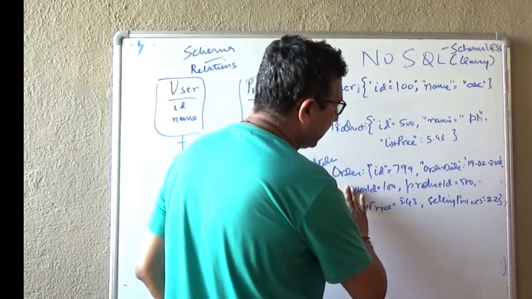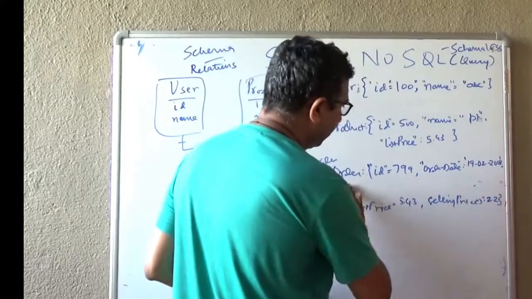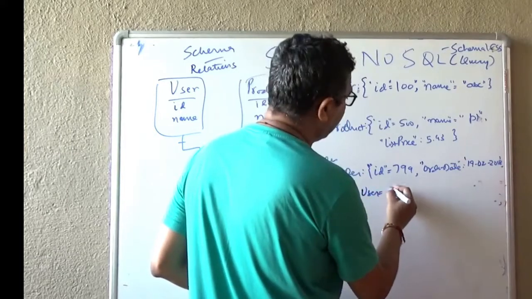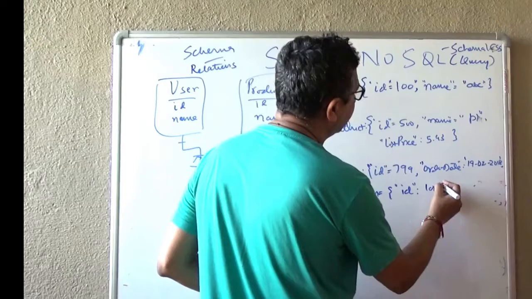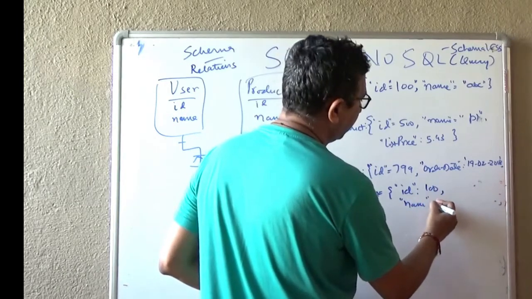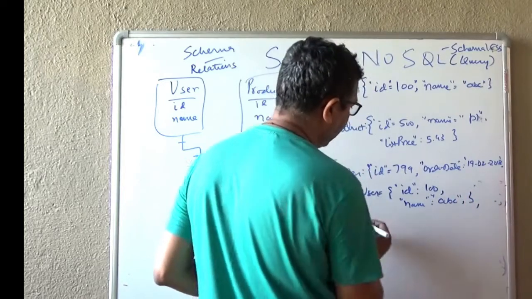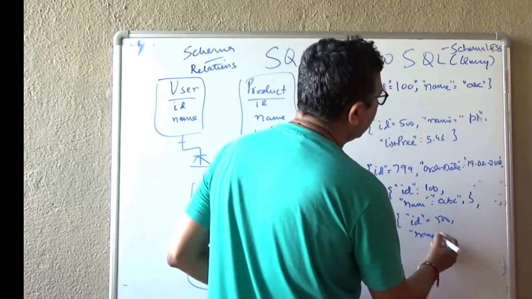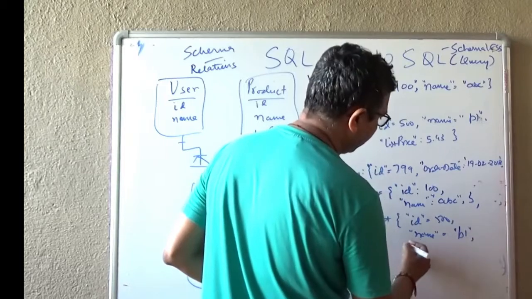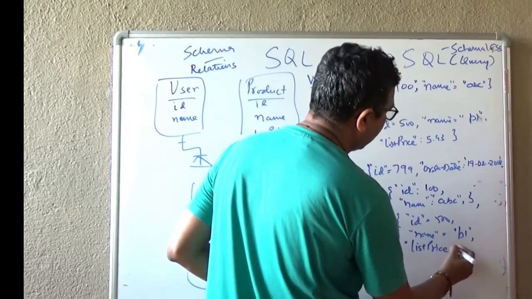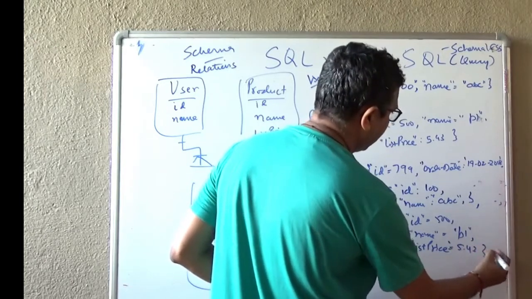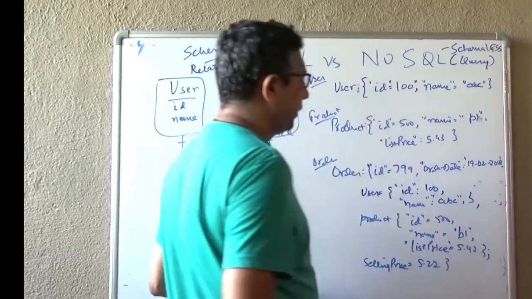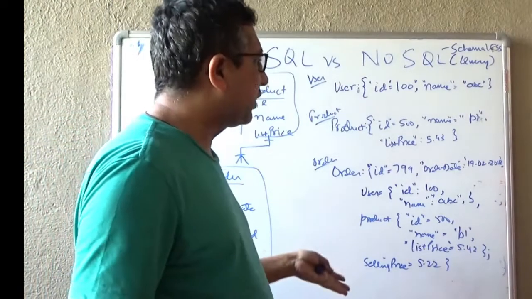So what it would basically mean is that, let me remove it from here, and you will just start putting ID 100, name ABC, then your product ID 500, name P1, list price 5.43, and then we have a selling price 5.22. Okay, so this is how you would start dealing with the data in the NoSQL world.